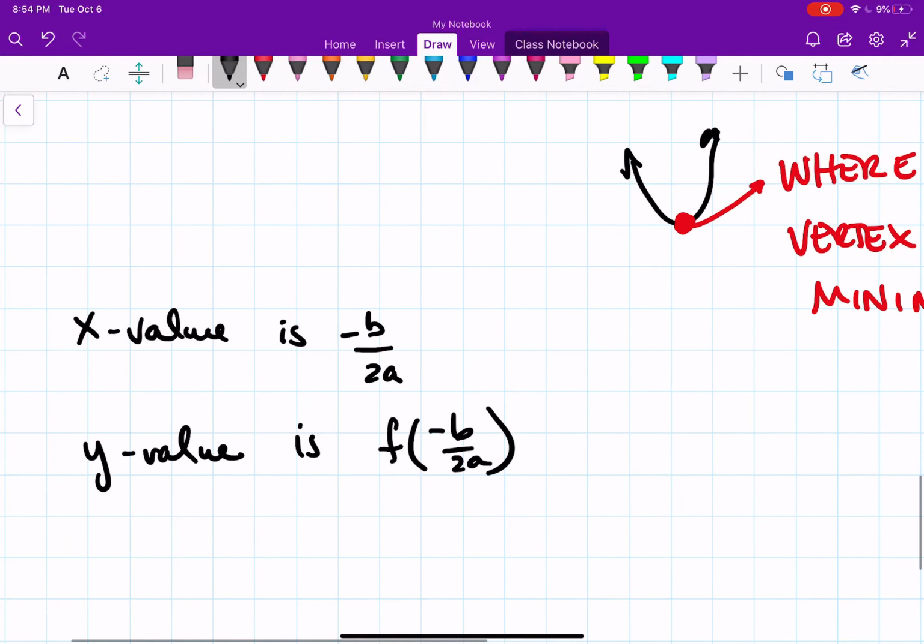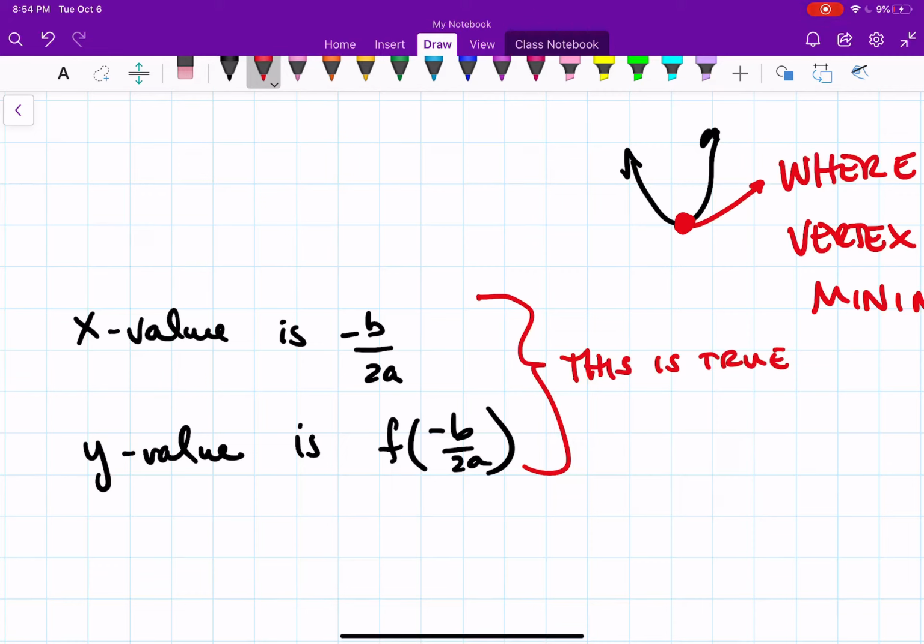All right, and don't forget, this is true no matter if a is less than 0 or a is greater than 0. So it doesn't matter if it's frowning or smiling. It is true for both of them.